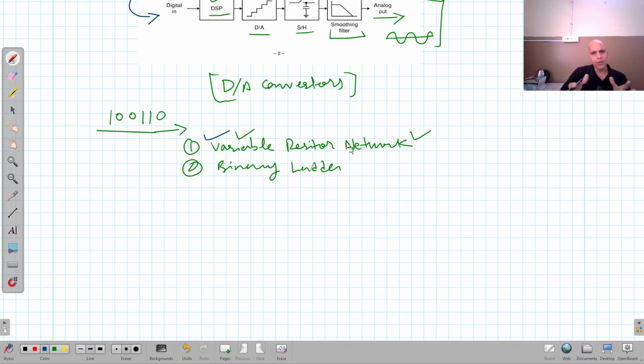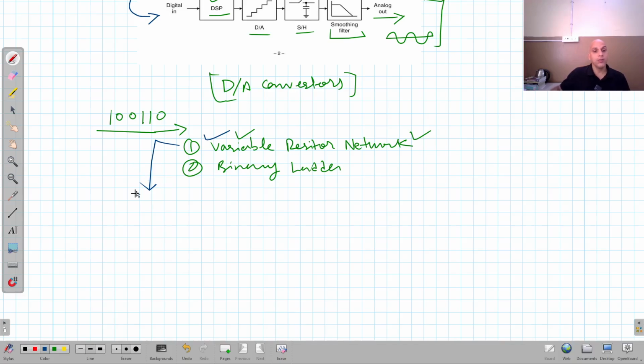So it is doing two things. First of all, it is converting each bit present in the digital signal into its corresponding analog voltage value. And the second thing is summing up all the analog voltages converted by the different resistances.